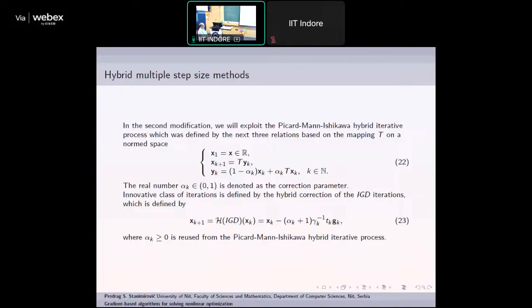And when we put it into the improved gradient descent, we obtain one more parameter, alpha k plus 1. Alpha k is between 0 and 1. But alpha k plus 1 should be greater than or equal to 1.